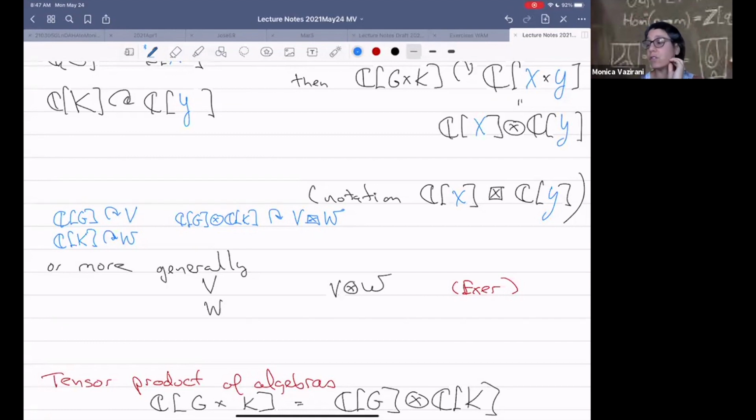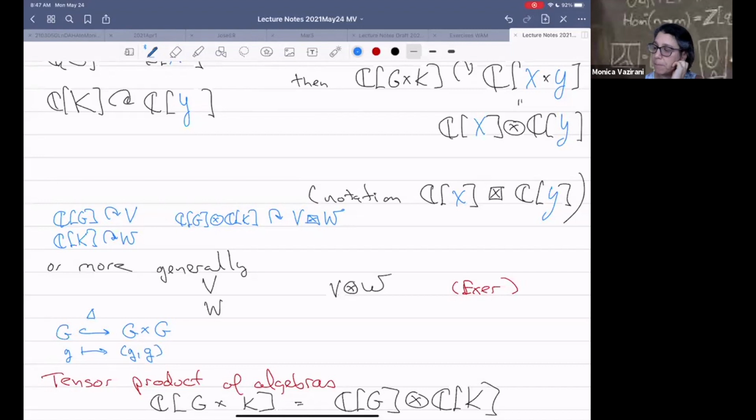Circle tensor, you could use it for when a group acts. So you know that G includes into G cross G diagonally, right? So we might put a delta here for the diagonal inclusion.